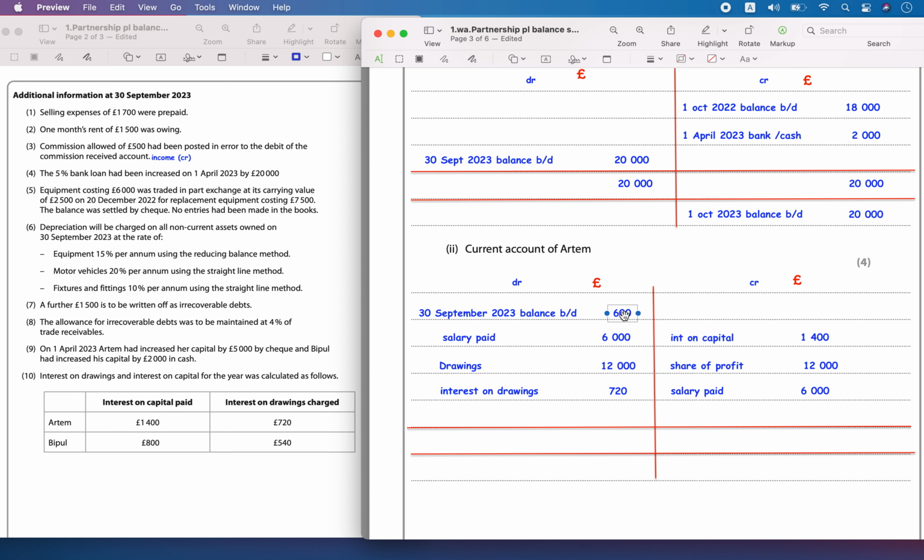So we can see 12,000 plus 6,000 plus 1,400.